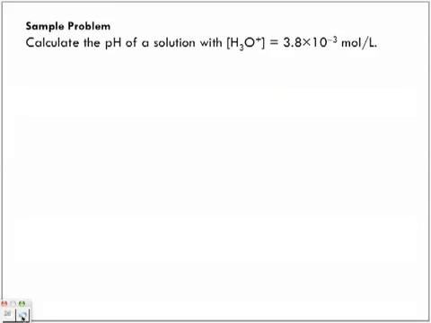So let's look at the first sample problem. Calculate the pH of a solution with the concentration of the hydronium ion being 3.8 times 10 to the power of -3. How do I write this in the formula? The formula is pH equals the negative log of the concentration of the hydronium ion.